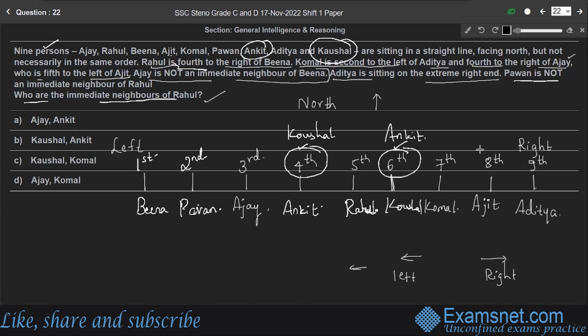Therefore, these two are the neighbors of Rahul. So for the given question, Ankit and Kaushal, option B is the right answer. Immediate neighbors of Rahul are Ankit and Kaushal. Option B.